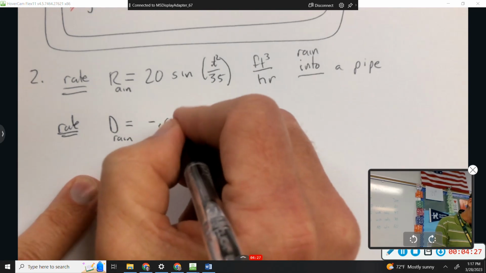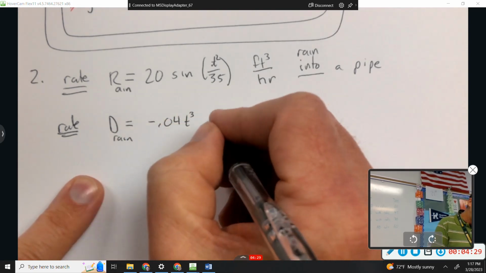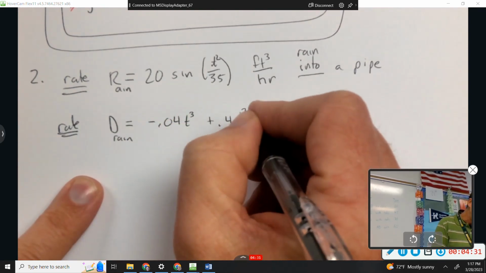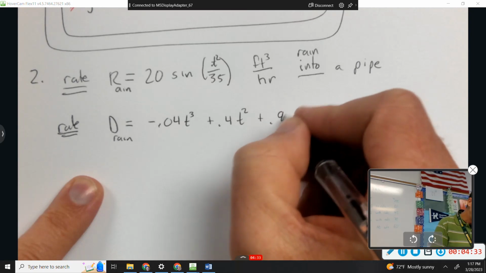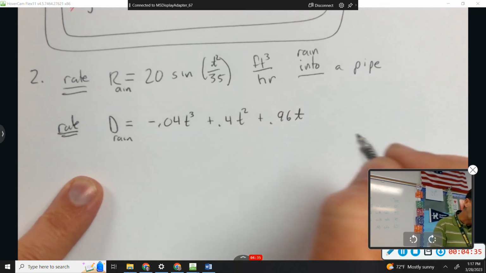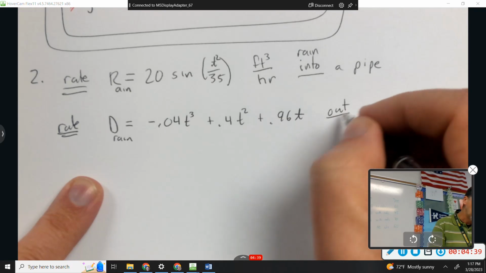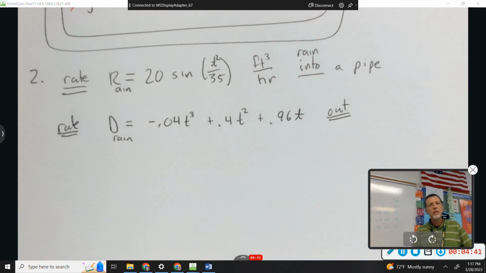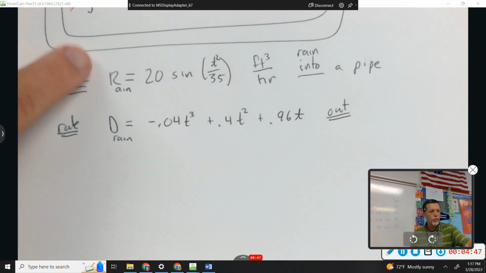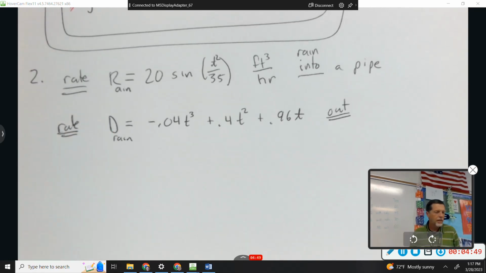Negative 0.04 T cubed plus 0.4 T squared plus 0.96 T. So that's the rate that it's flowing out. So already I'm thinking one's a positive, one's a negative, right? One's going into, that's positive, one's flowing out of, that's a negative.